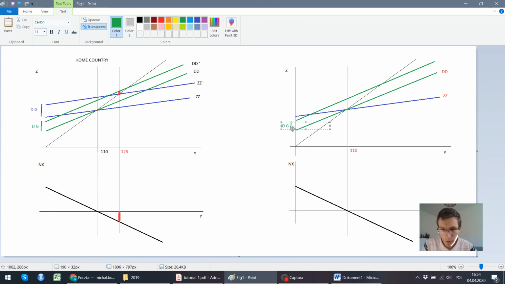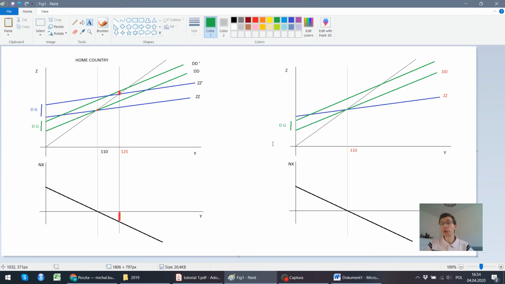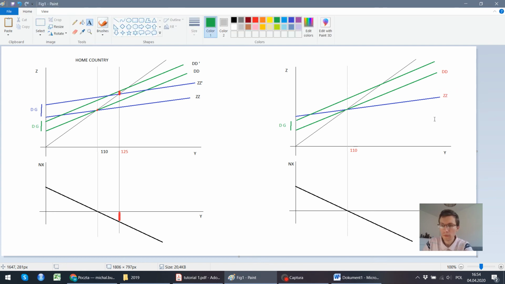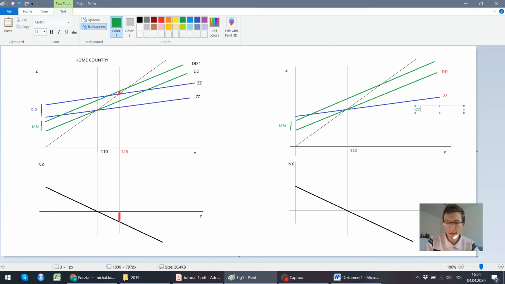So here we will have the change in governmental expenditures, which is equal to delta G, right? Now the fundamental question here is, what is the change in the total demand for domestic goods? Which is, just to remind you, ZZ equal to C plus I plus G plus NX.